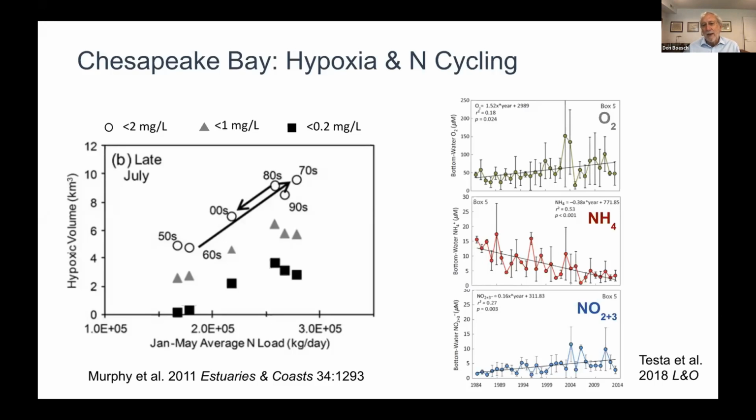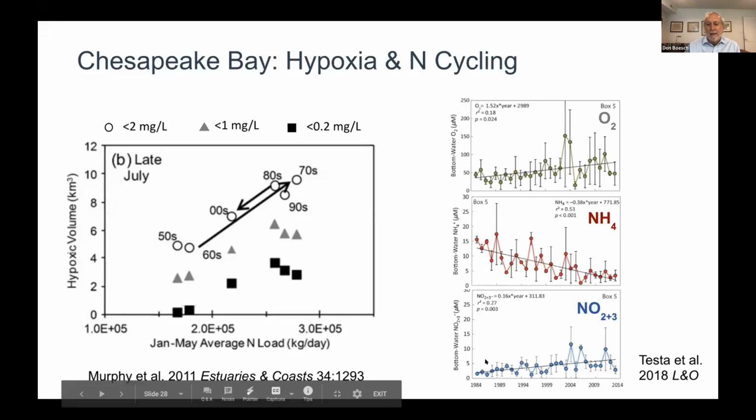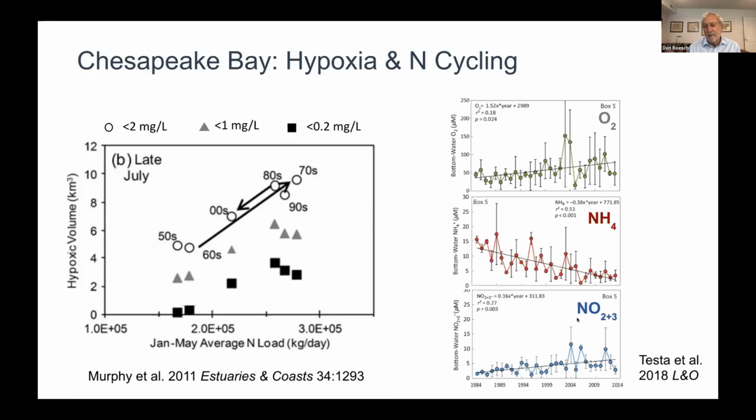Since there's little oxygen there, it doesn't nitrify, and so it remains as ammonium. Now we're seeing that going down and nitrate going up, which means that nitrification is taking place. That's important because this nitrification-denitrification coupling is the process that removes the excess nitrogen from the aquatic system.